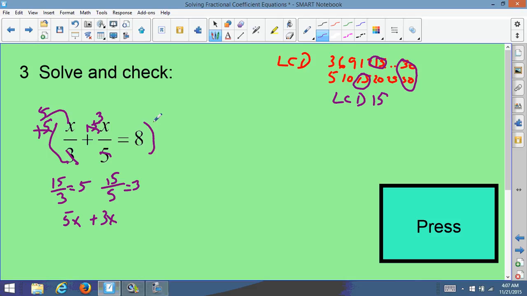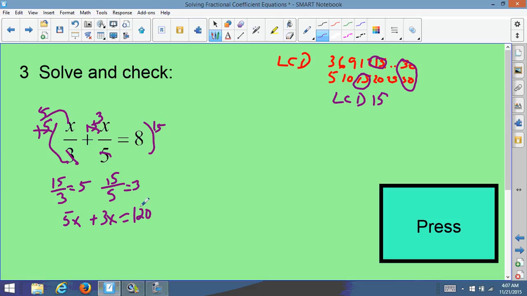Now I've got to multiply 15 times 8. What is that? 40, carry the 4, 120. So I've got an equation now: 5x plus 3x equals 120.